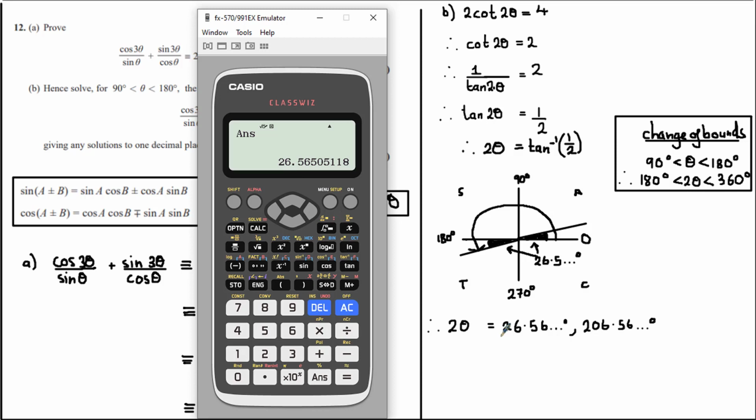So the value here, 26.56 and so on, plus 180 degrees, just gives us this value. Add 180 degrees, we get 386.5 and so on degrees. And that would fall outside of this region. And so we can't use this as another solution that satisfies the interval.